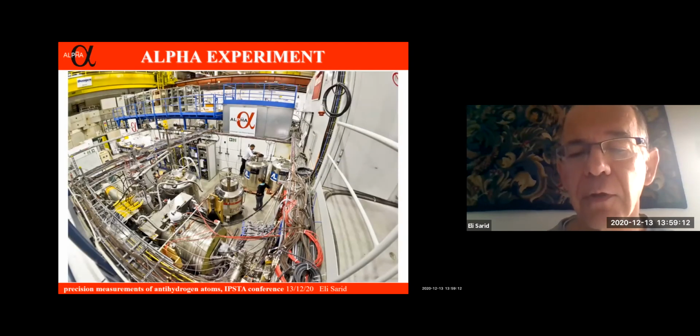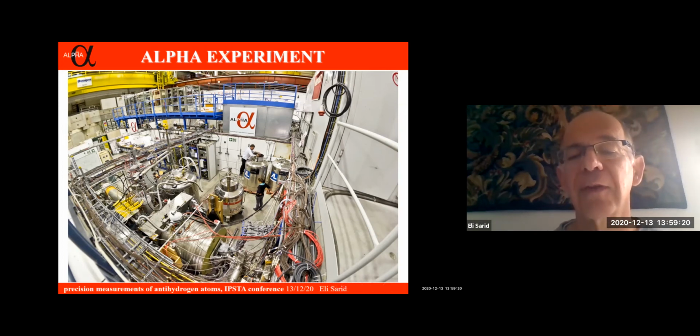So you see here the picture of the experiment. You see the very dominant presence of the cryogenic helium vessels that are brought into the hole. Although we are in CERN, this is not a high energy physics experiment. This is a very low energy one.